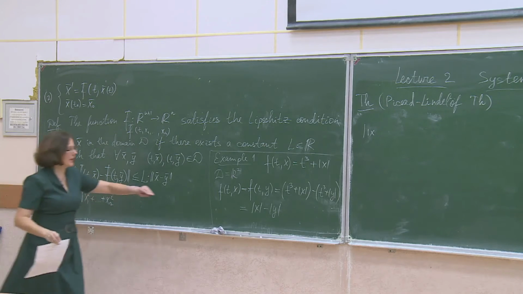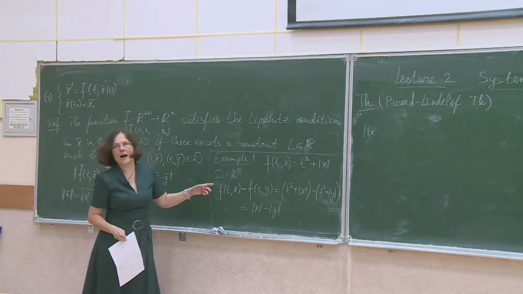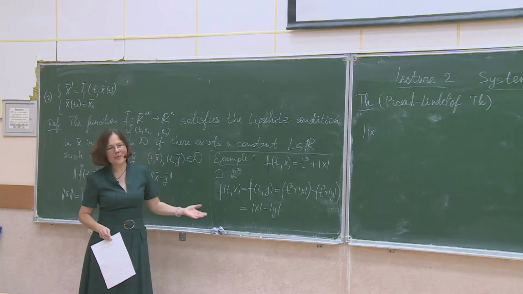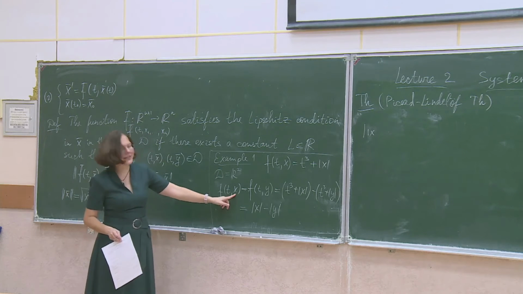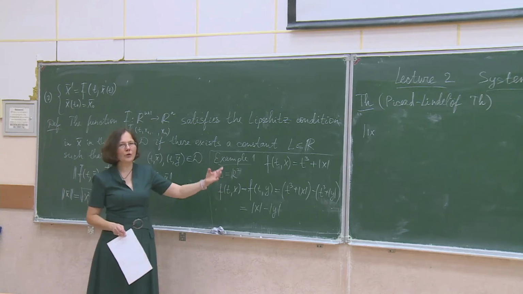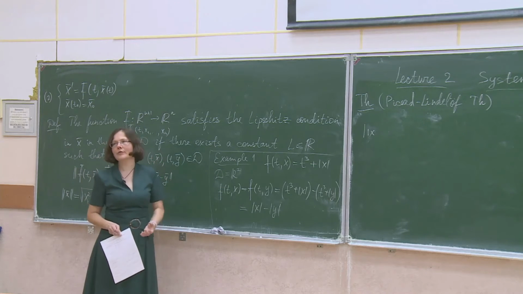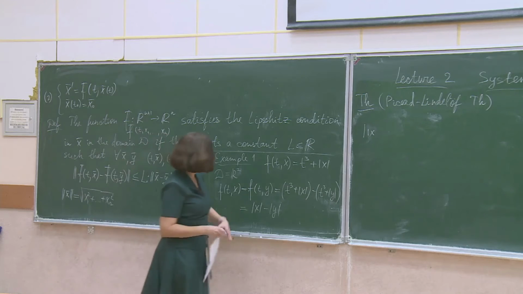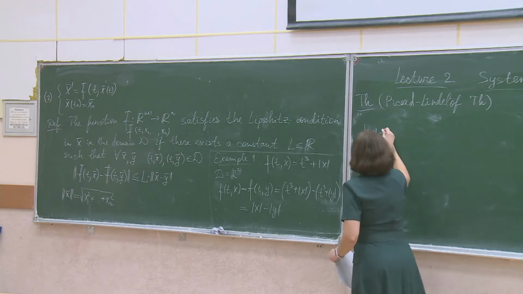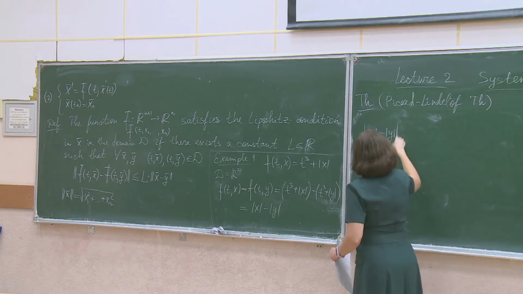But in our example, it is one-dimensional, so x is from R1, and the norm would be just the absolute value. So we need to estimate the absolute value.